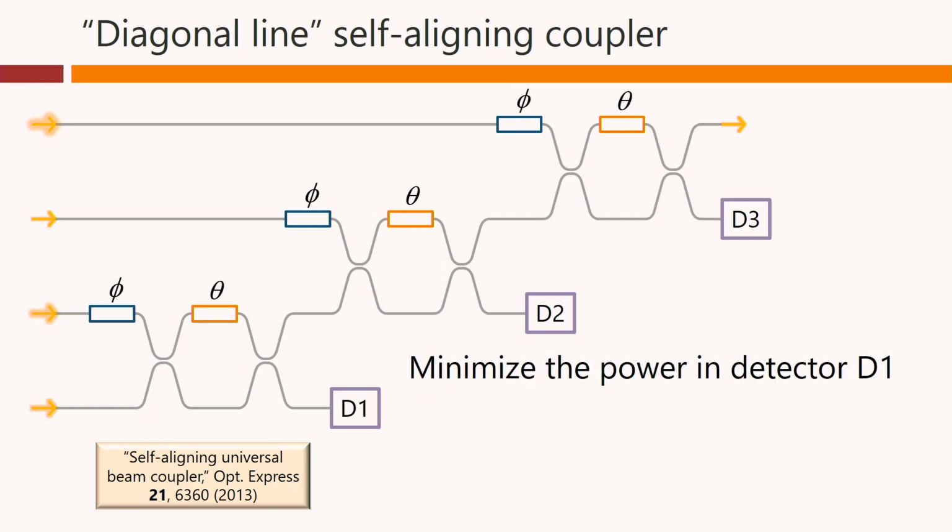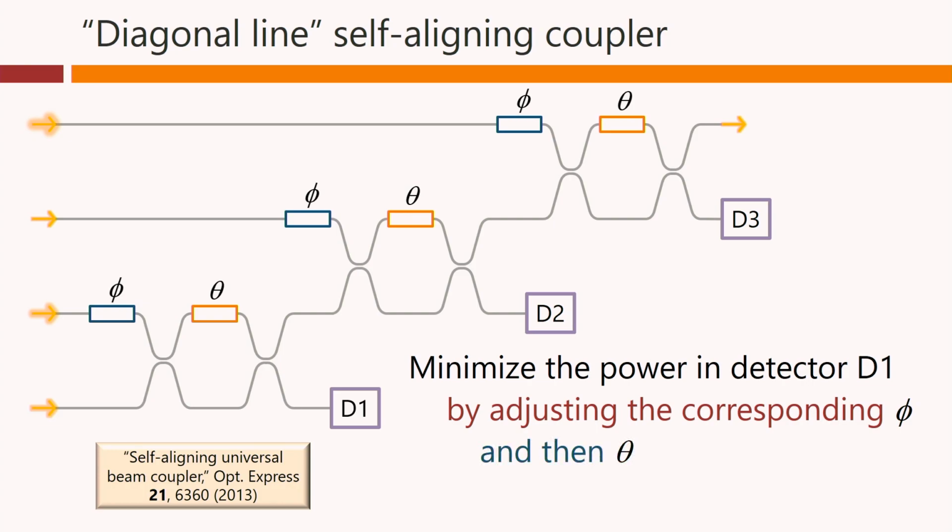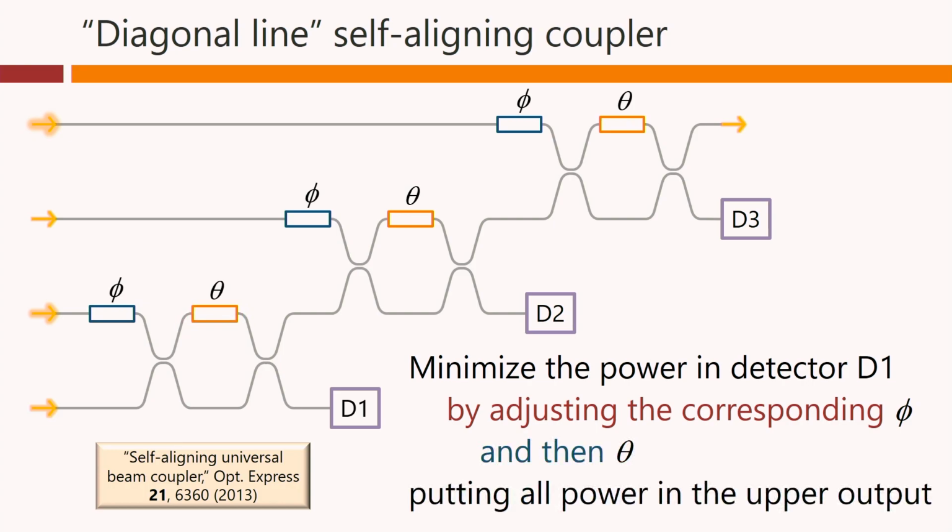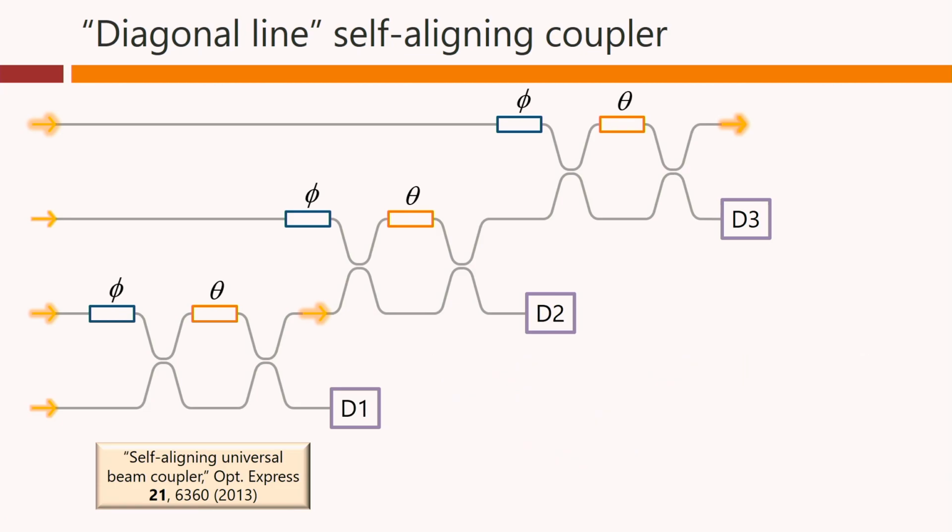So we start by minimizing the power in detector D1, this one here, by adjusting the corresponding phi and then the corresponding theta. Putting all the power now in the upper output of this Mach-Zehnder. And that changes the power in the output at the far right at the top.